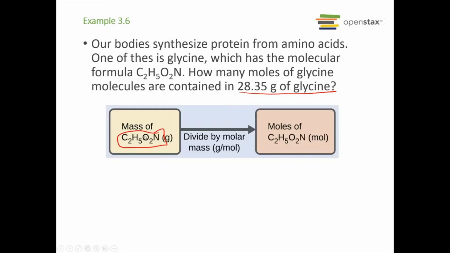So we have 2 carbons, so we have 2 times 12.01. We have 5 hydrogens, 5 times 1.008. Get these from the periodic table. 2 oxygens, 2 times 16.00. And 1 nitrogen, 14.007.